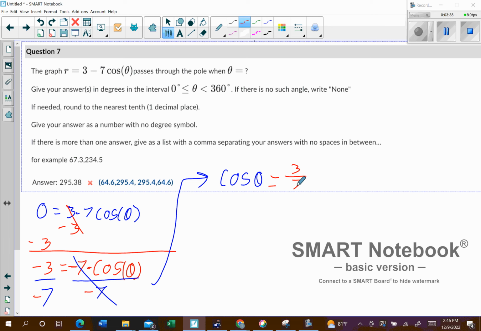Okay, so what's different about this one and the previous one is that there's actually two different angles that will give you a cosine value of 3/7. And so I'm just going to do a little bit of a rough sketch of that. So that would mean my x value is about 3/7. And so probably something like that, somewhere up there, and then somewhere down here.